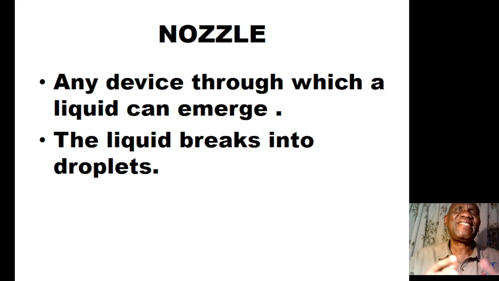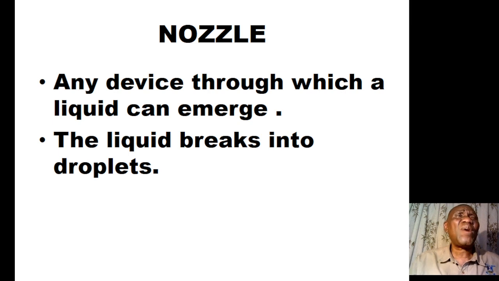There's a bit of physics in it, but we just have to mention some of these things so that we really appreciate that droplets, their nature, can affect the efficiency of the use of the pesticide or its efficacy.